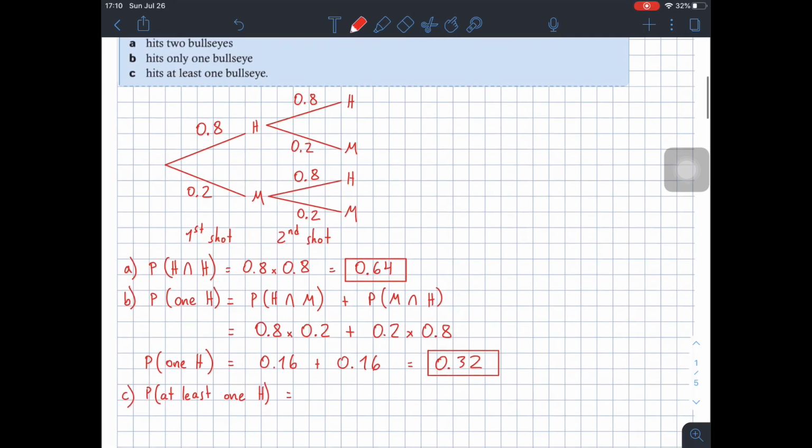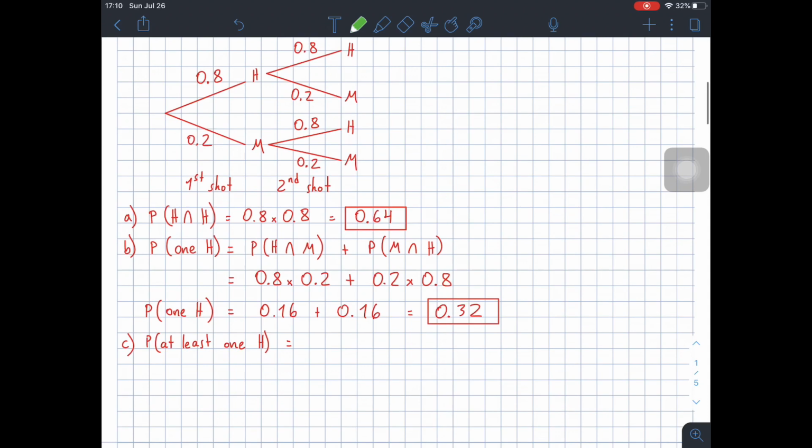If we look at our options in the tree diagram, we have hit, hit, that is a possibility. We have then hit, miss, another possibility, and finally miss and hit. So there are 3 different possibilities, which if I write down would be the probability of hit and hit plus the probability of hit and miss plus the probability of miss and hit.